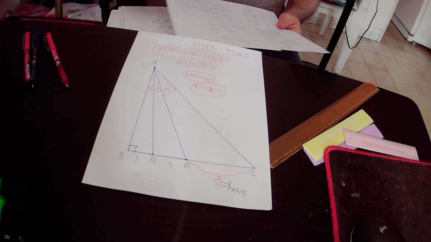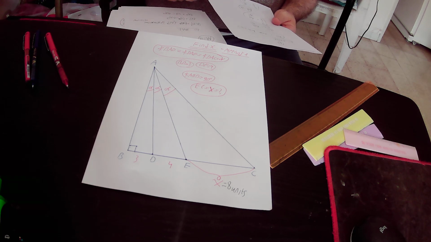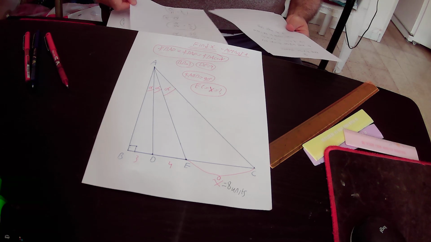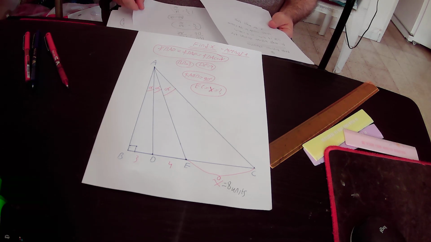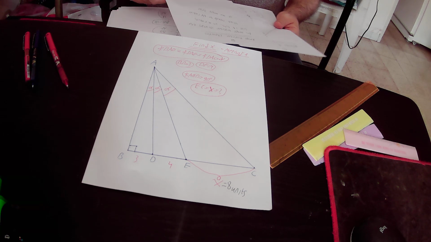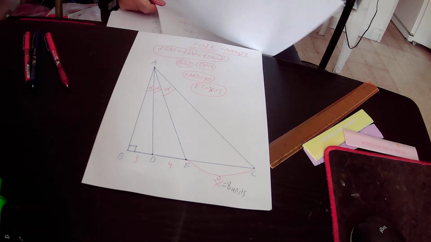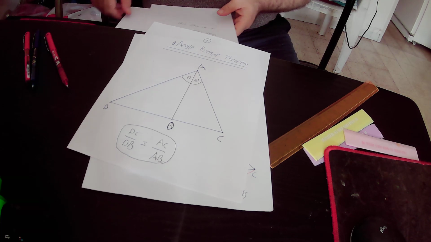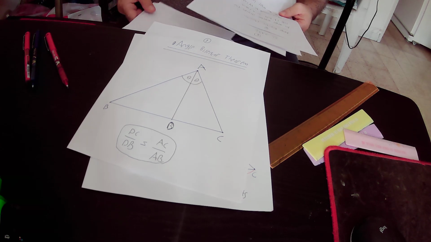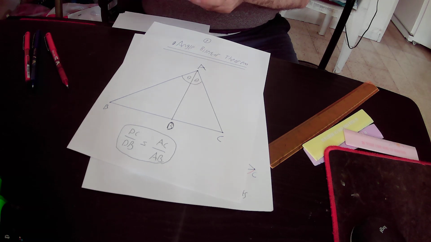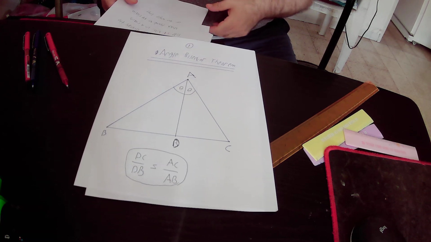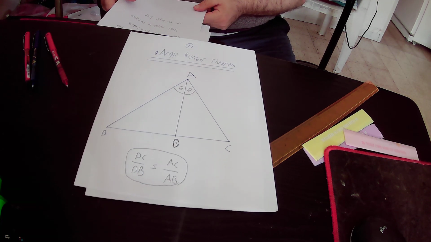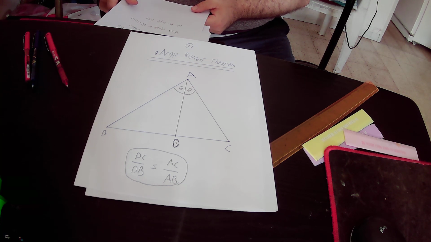According to the angle bisector theorem, an angle bisector divides the side it hits in a ratio equal to the ratio of the angle legs.